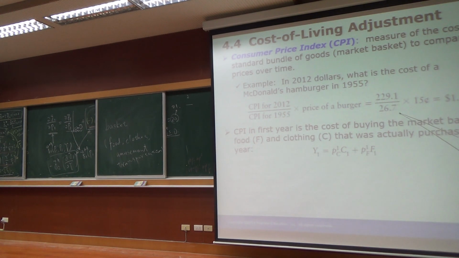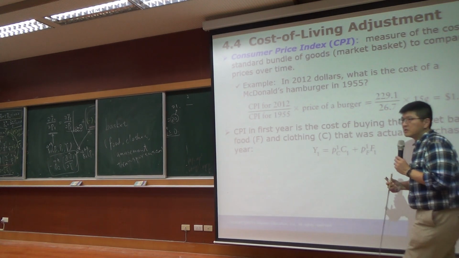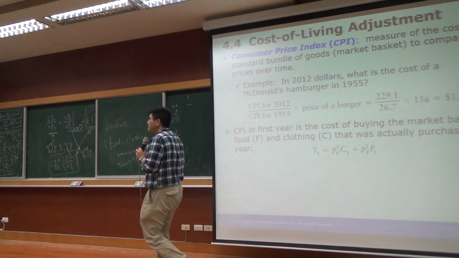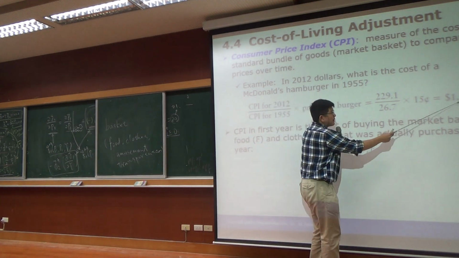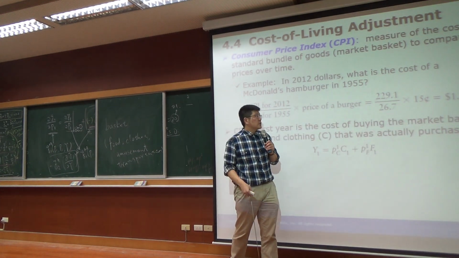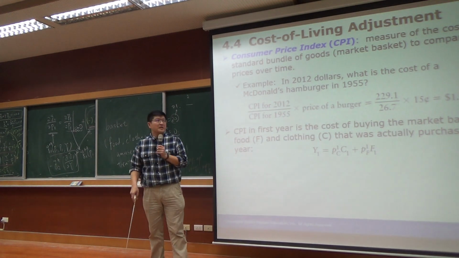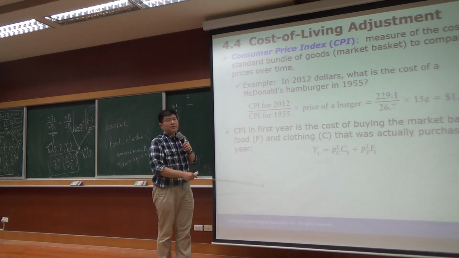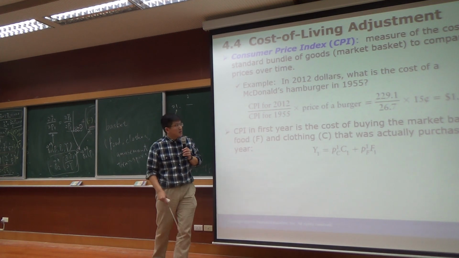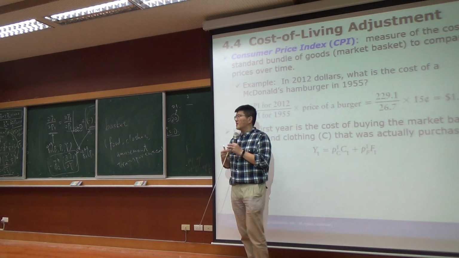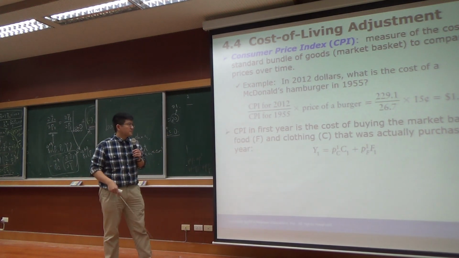This is the CPI for 1955, and this is the CPI for 2012. After the adjustment, you see, oh, it's 1.29. What? All right. So in 2012, the hamburger cost you $1.29, as compared with the hamburger price in 1955 of just 15 cents. So the difference is quite large.